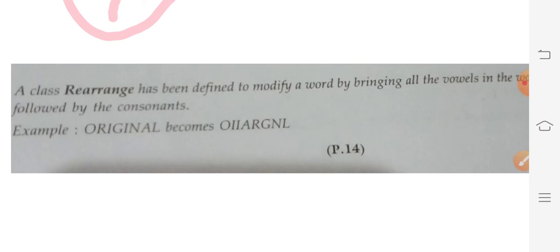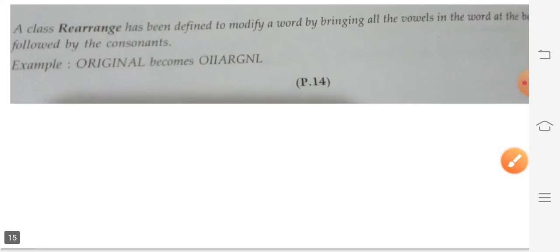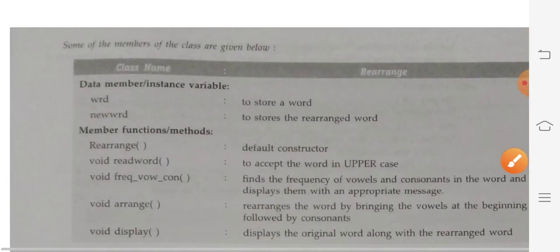For example, in the original word, we have to shift all the vowels first, and after that all the non-vowels, meaning all the consonants will be there, but the order should not be changed, the order will remain the same. Okay. Then the description is given on the next page.